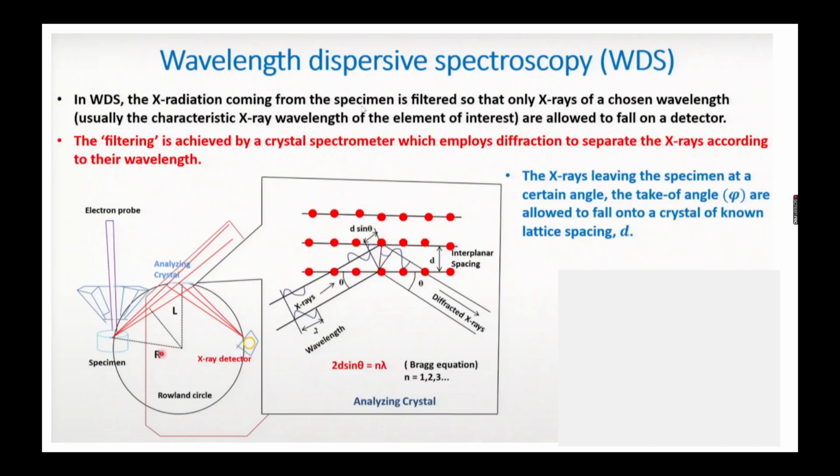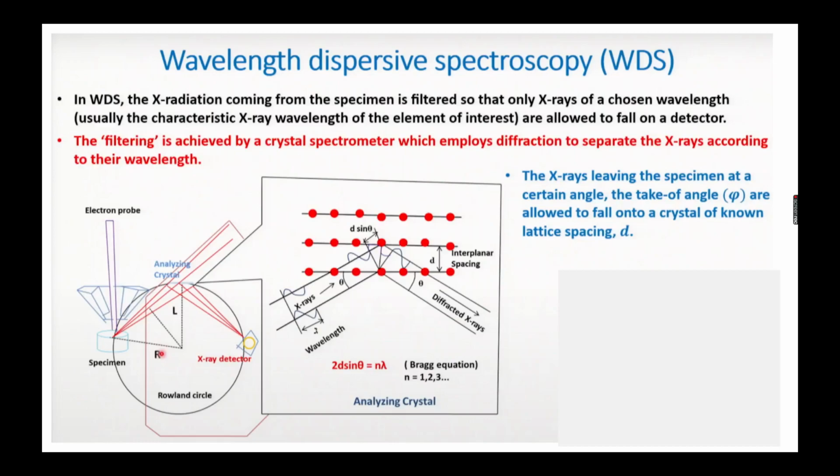The X-rays coming from your specimen are filtered so that only the chosen wavelength is allowed, usually the characteristic X-ray wavelength of the element of interest, and that is allowed to fall on a detector. So there is the word filtered. So the filtering is achieved, and here we are filtering only some wavelengths of your X-rays.